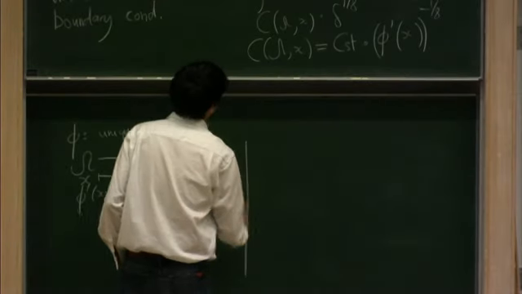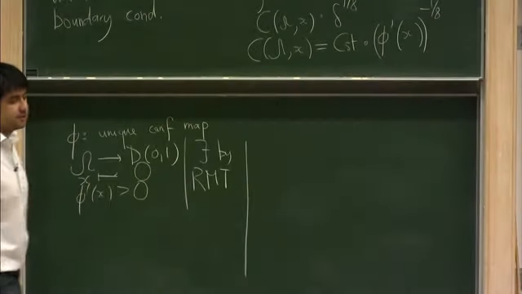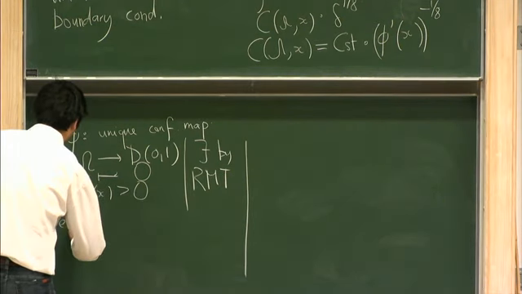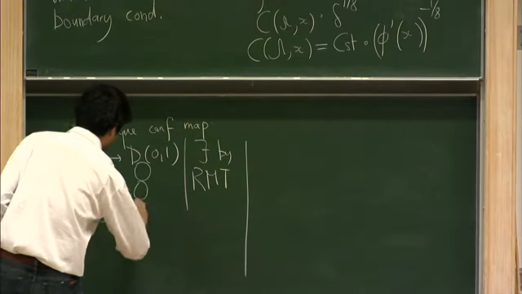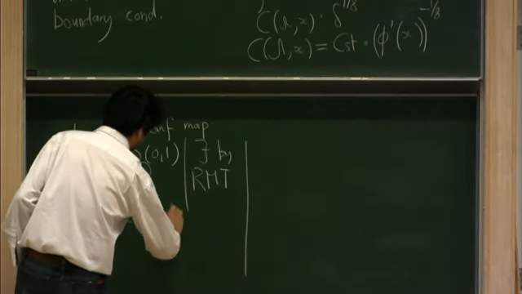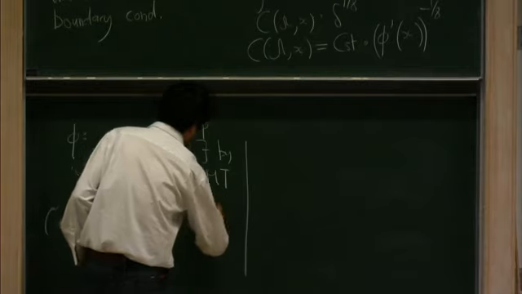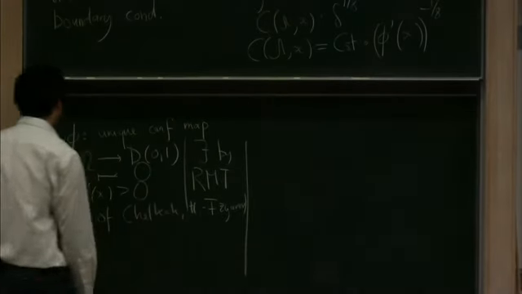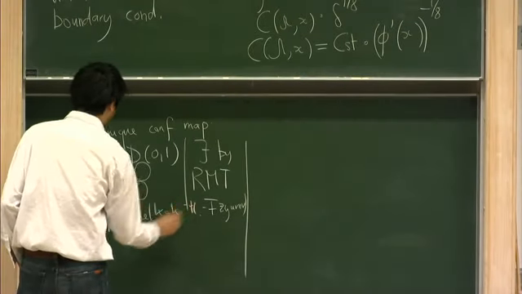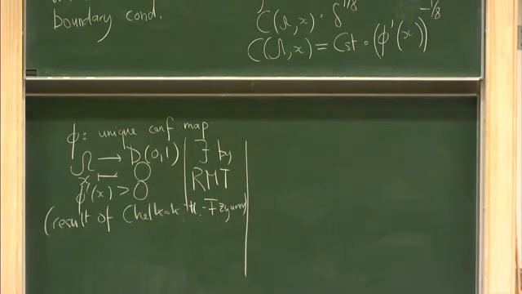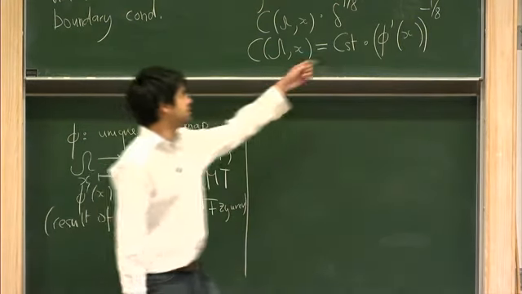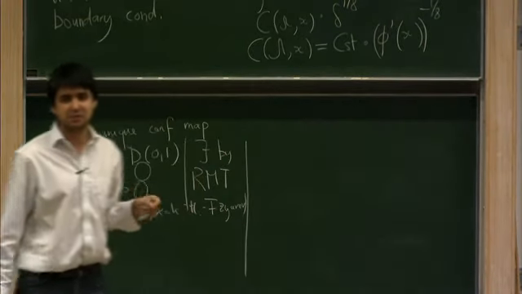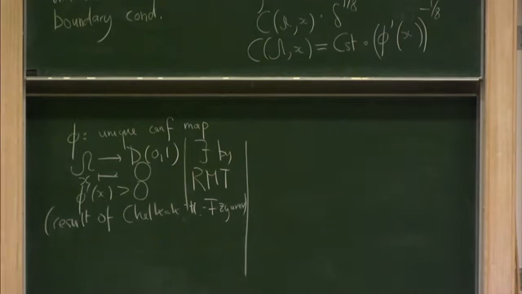So it's fairly explicit. That's a result of Chelkak and Izyurov. I can also say that this constant can be computed explicitly, but I don't want to speak too much about that one.